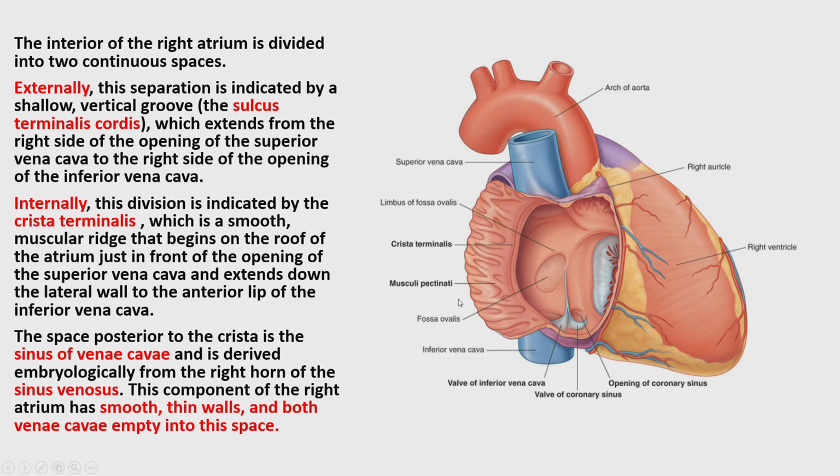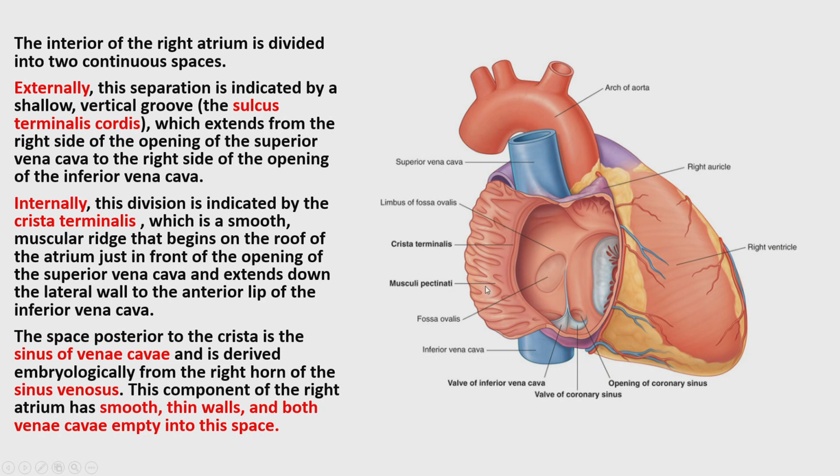Perfect. The pectinate muscle, musculi pectinati, separating the terminal crest from the smooth part, from the rough part of this pectinate muscle usually. So this smooth part is the remnant of the sinus venosus or sinus venarum cavarum, and here is the pectinate muscle.